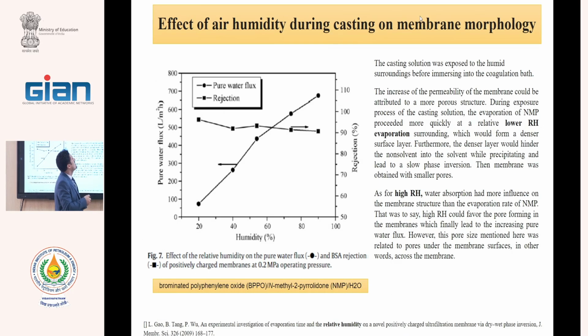Air humidity during the casting can also have an influence. In this study, this diagram shows the humidity influence on rejection and pure water flux. We see that with increasing air humidity, the flux increased, but the rejection decreased only slightly.